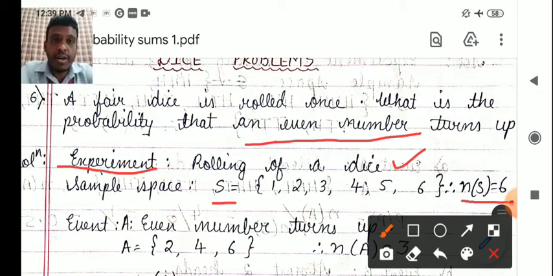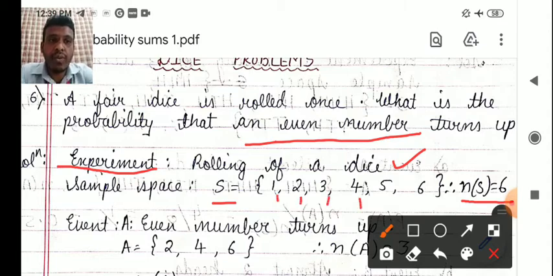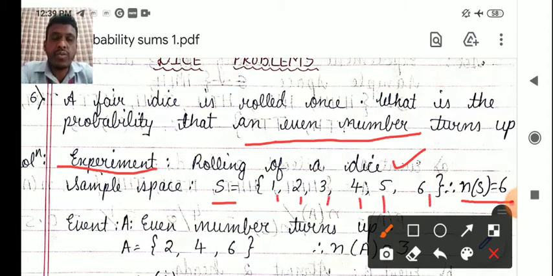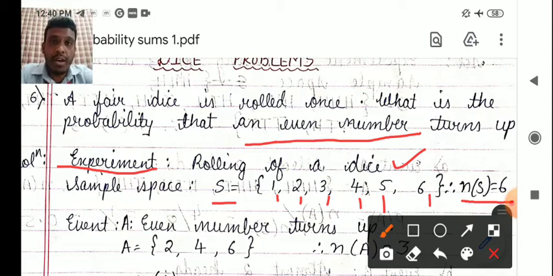Either we will get 1, 2, 3, 4, 5 or 6. So these are the possible outcomes and hence it is the sample space.